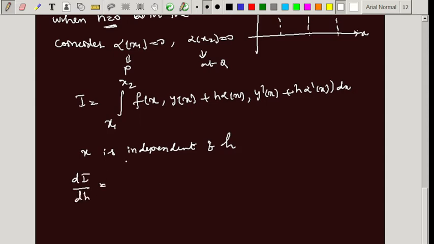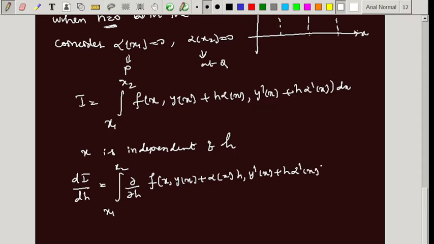So the left hand side we are differentiating with respect to h, so that on the right hand side we have the variables x, y, y dash. So here we must apply the partial derivative dou by dou h of f of x comma y of x plus alpha of x into h comma y dash of x plus h into alpha dash of x into dx.